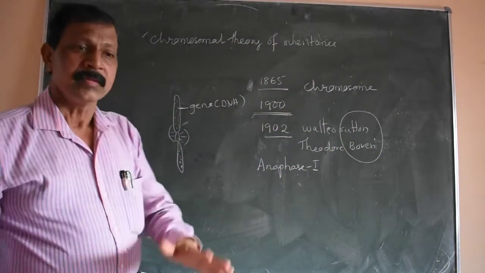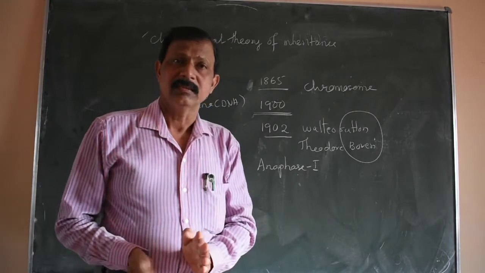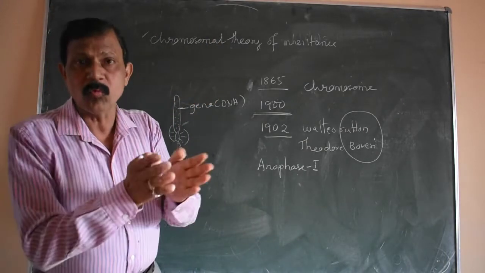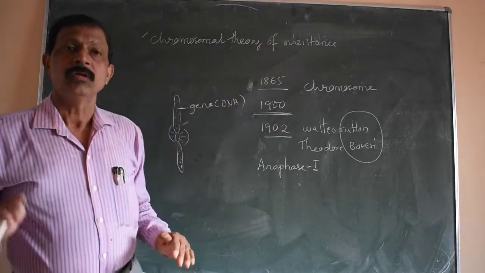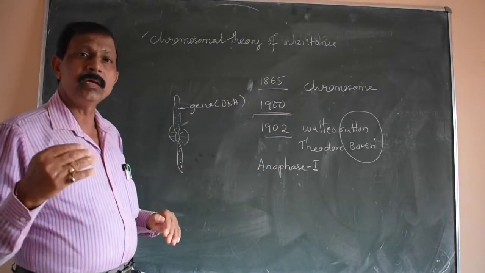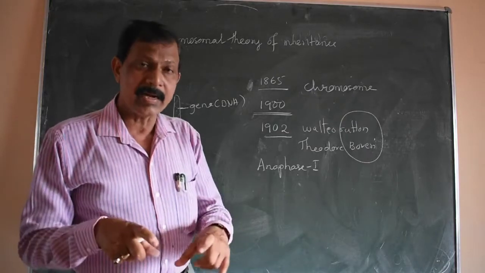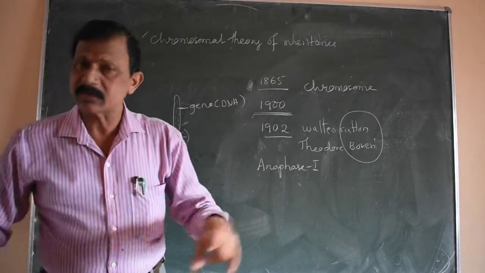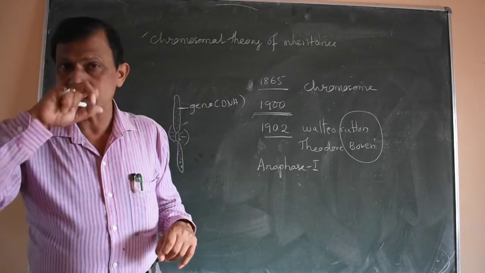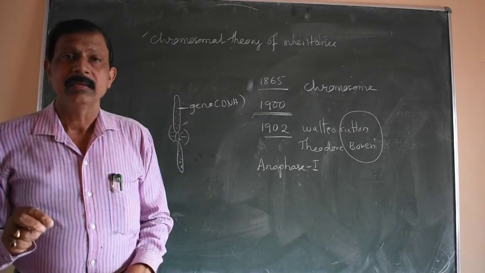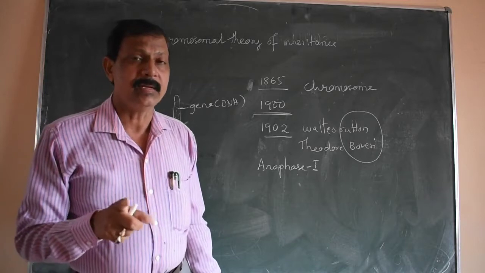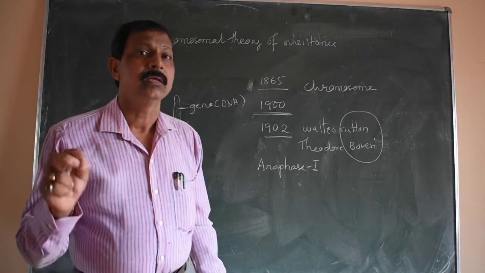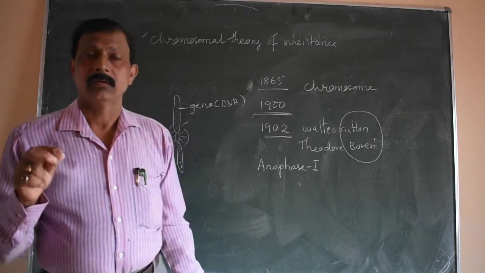In other words, all the characters are depicted in the gene, and along with the chromosome, the gene also moves during anaphase 1, and a particular character is distributed to a particular cell. You must know that anaphase 1 is a property of meiosis, and meiosis takes place only during gametogenesis, not in our body cells, only in the testis and the ovary.